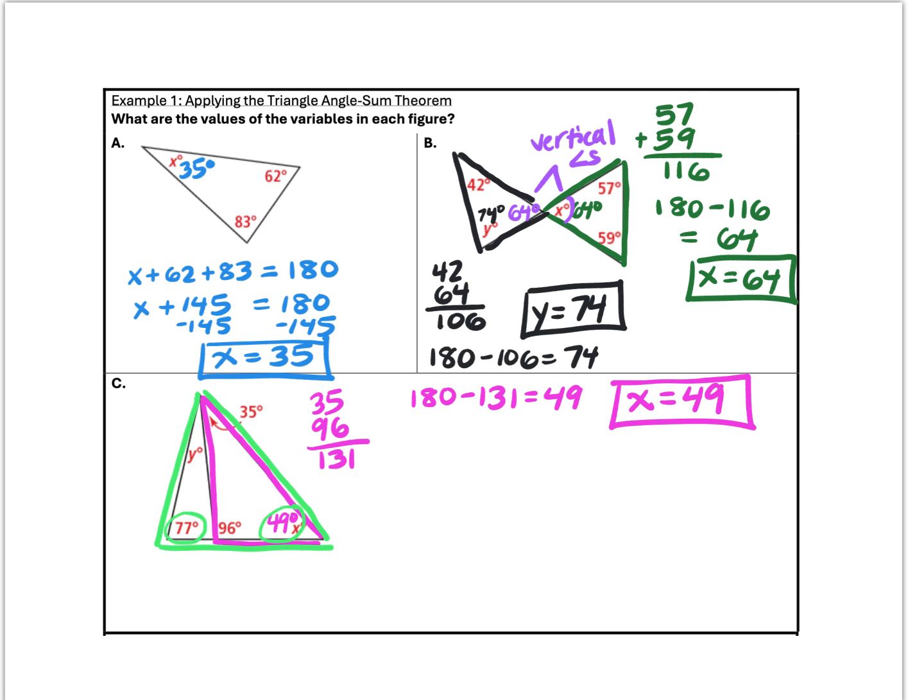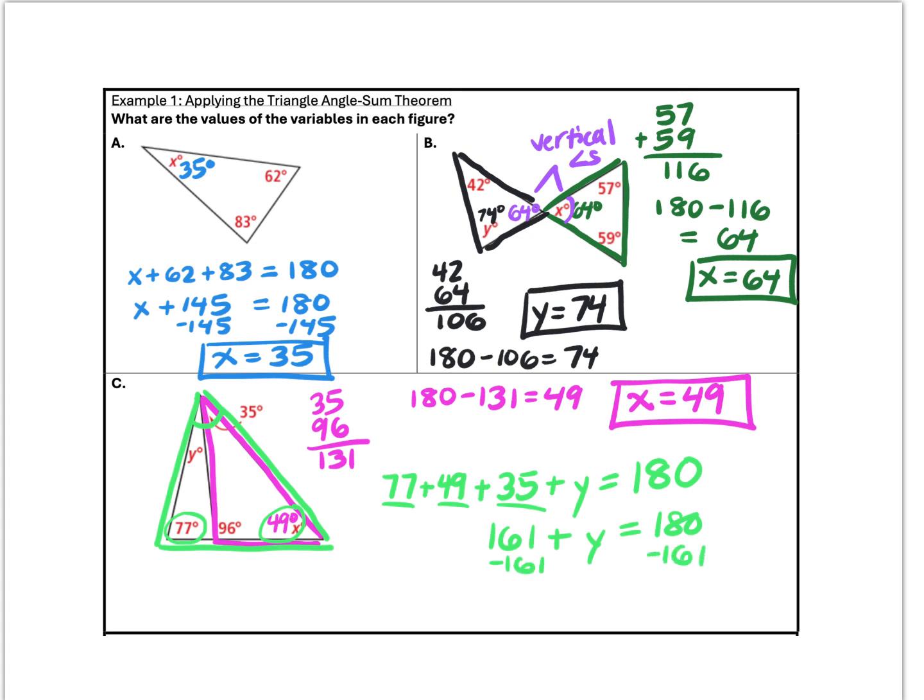So 77 plus 49, and then y and 35 have to be the other angle. So plus 35 plus y has to equal the full triangle, 180. Now, just add your like terms. You can take your calculator and add those three numbers together, and that's 161 plus y equals 180.